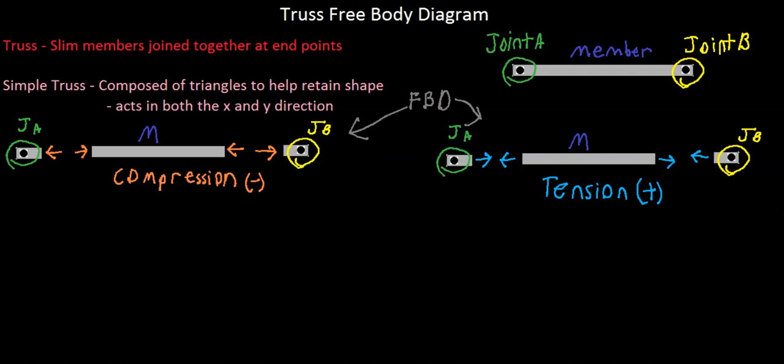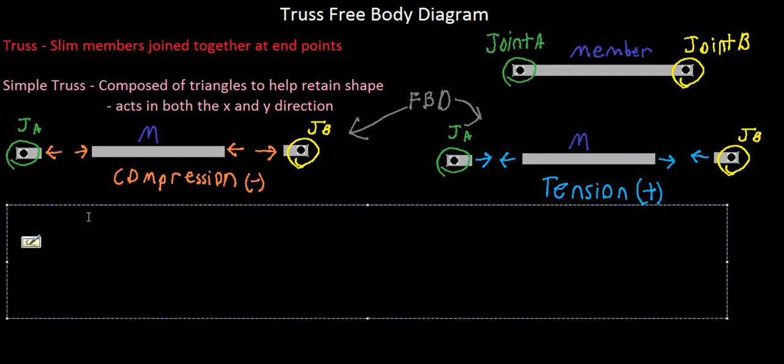And if you're thinking to yourself that this system is far too easy, I've got good news for you. It gets even easier. But before we point out how, we need to make some assumptions. The first assumption is members are frictionless and have no weight.